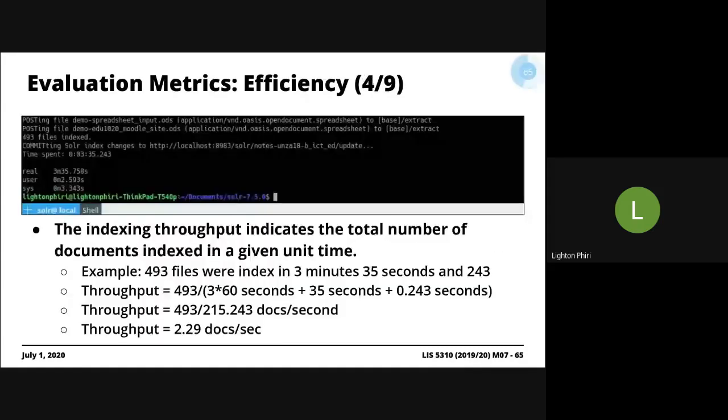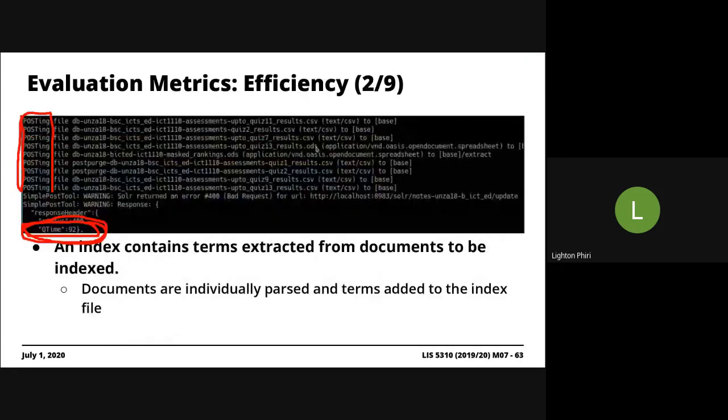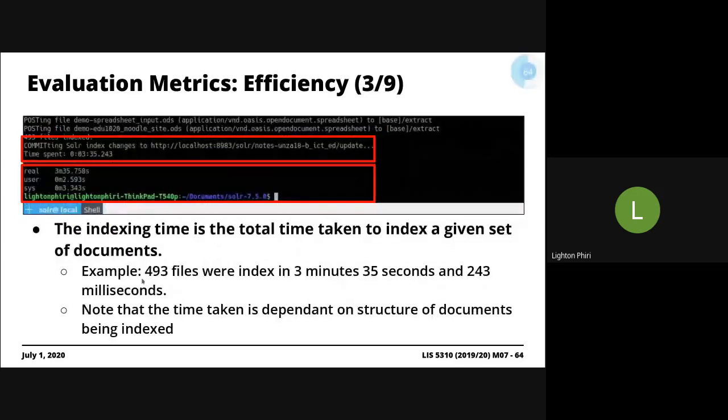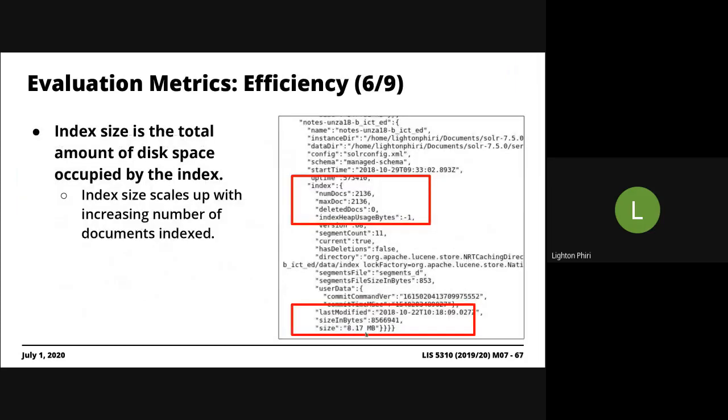These are different types of documents: CSV files, ODS files, PDF files are here as well. So you notice that indexing these 493 files results in an index that occupies 8.17 megabytes of space, right? This would be an efficiency metric, right?